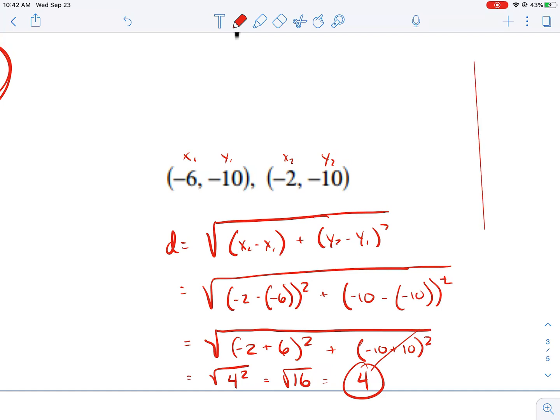And if you think about it, if we drew this graph, so we got 1, 2, 3, 4, 5, 6, 7, 8, 9, 10. Let me see, 1, 2, 3, 4, 5, 6. So our points were -6, 10. And then -2, 10. And so that line segment is only 1, 2, 3, 4 units long.